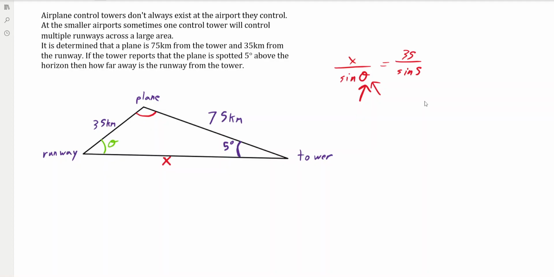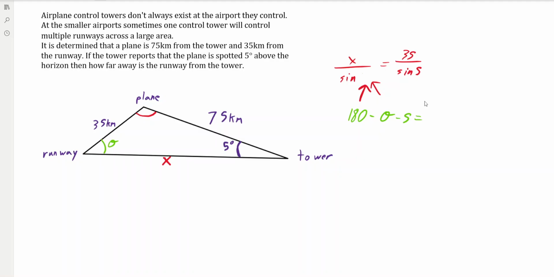To find that angle, we can go 180 minus theta minus 5 equals that angle up there, because all the angles must add up to 180. Okay, so that's what we're going to do.